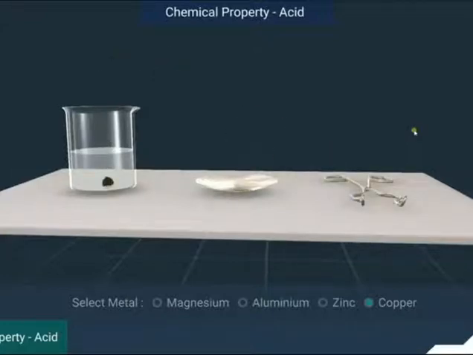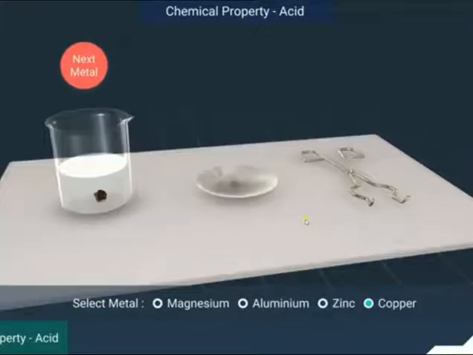Can you see any bubbles? No. As the reactivity series decreases from magnesium to copper, magnesium is highly reactive with acid, so we find the formation of more bubbles.